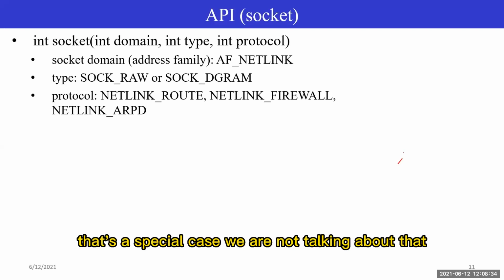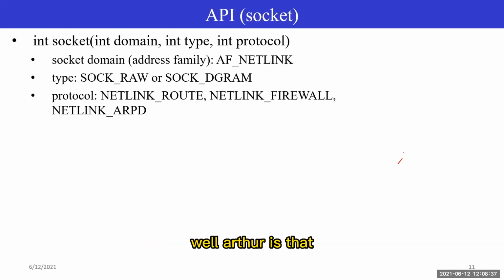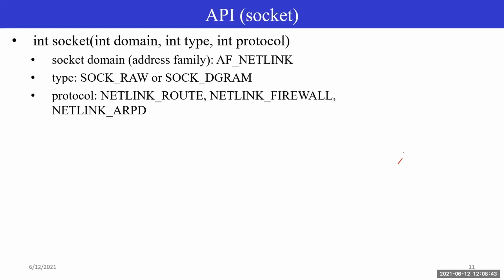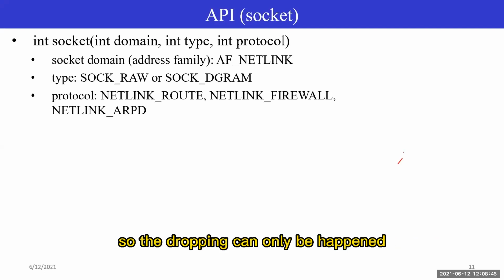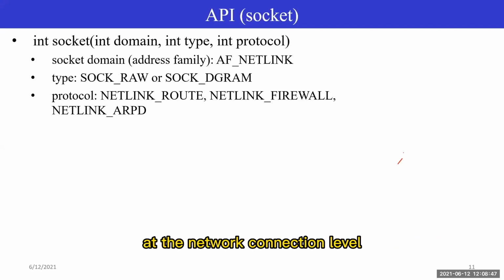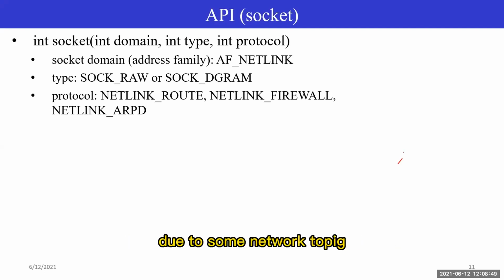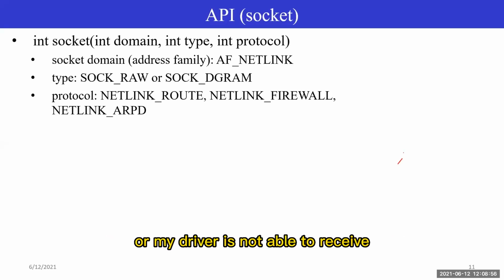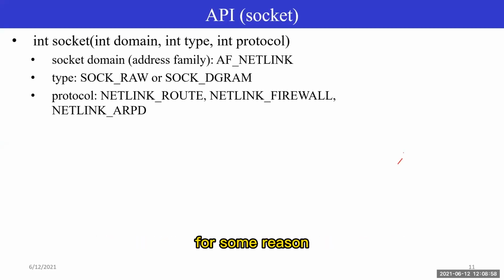We are not talking about that. But until then, if the socket queue somehow gets the packet, it will never be dropped. Okay. So the dropping can only happen at the network connection level due to some network traffic or something like that, or your driver is not able to send, or my driver is not able to receive for some reason. That could be dropped.